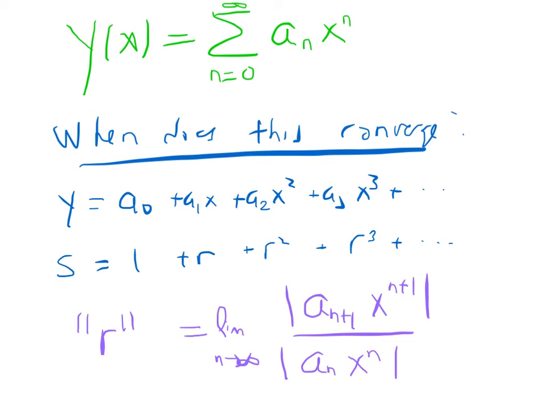That is, as n gets bigger, if you look at the ratio of the n plus first term to the nth term, then that's essentially giving you r. And the convergence criterion then is clear. It's that this analog of r has to be less than 1.